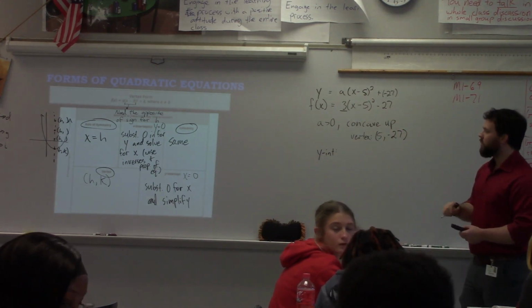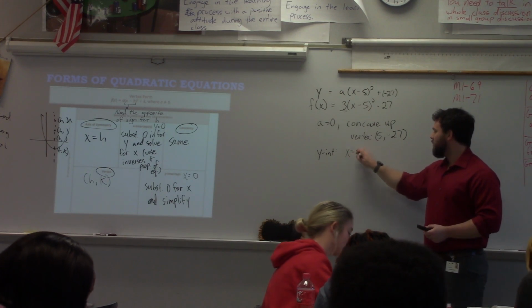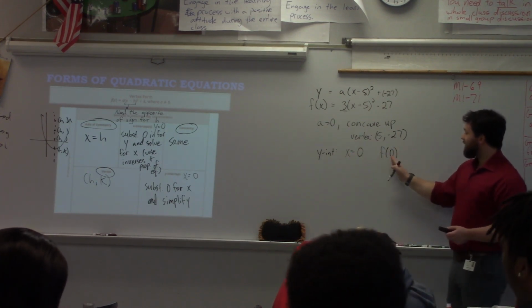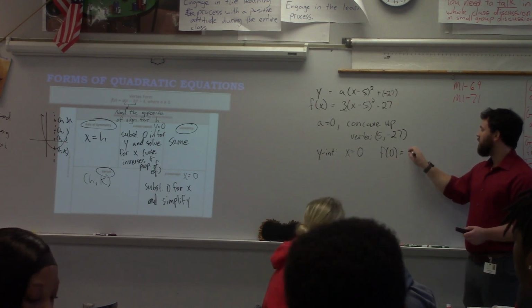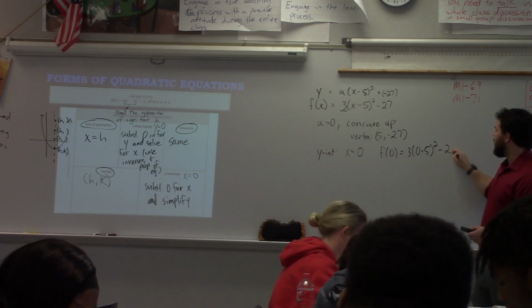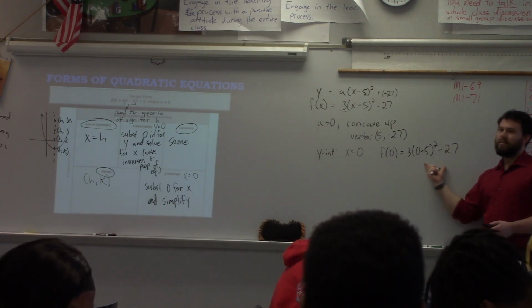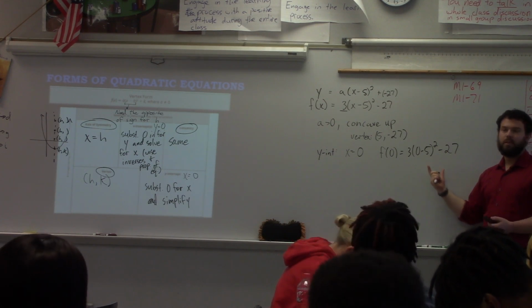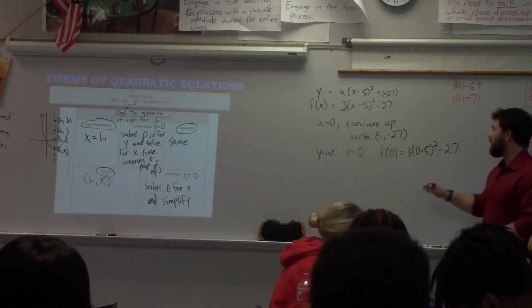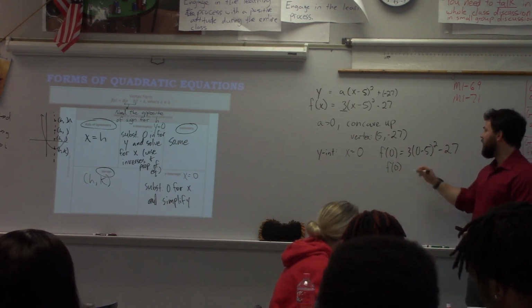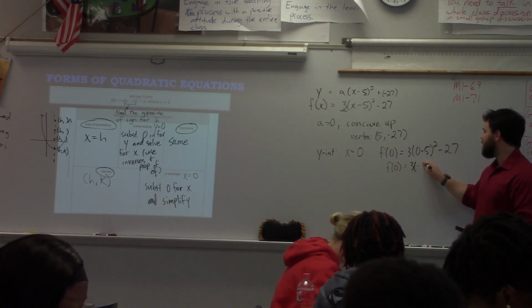Okay, so for y-intercept, what do we know? X is equal to 0. So I have f of 0. Notice 0 took the place of x. 3 times (0 minus 5) squared minus 27. Notice how this is a pretty big expression, but can I simplify it? Yes. That's why I said we're just going to simplify here. I'm taking a larger expression, I'm using my operations to simplify.